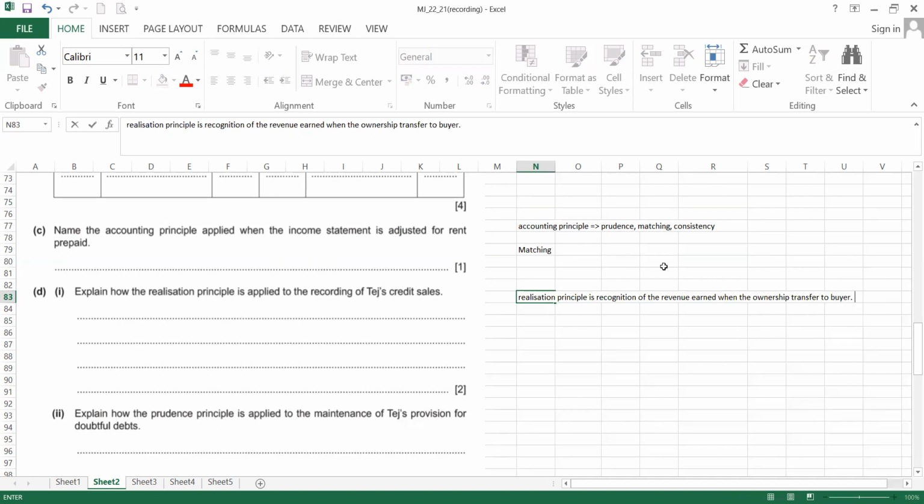So the general idea is we should recognize the revenue when the ownership transfers to the buyer. Other than that, what else can we talk about?